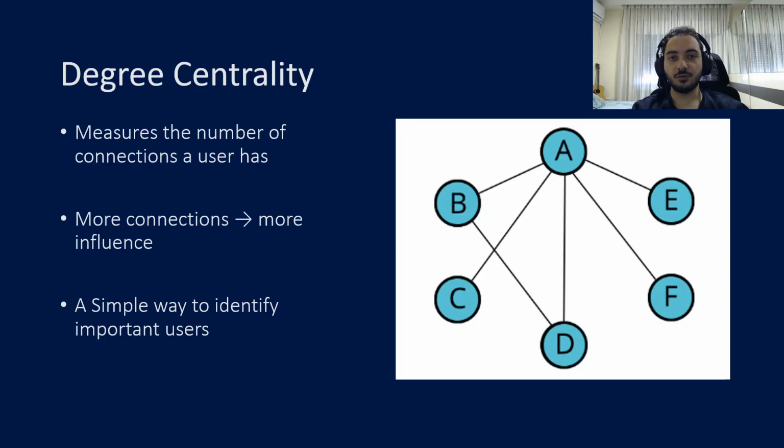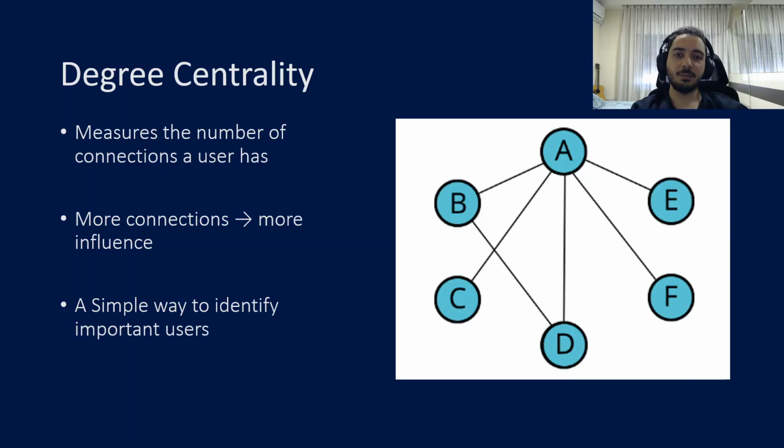One simple method for measuring influence is degree centrality. This method counts how many connections a user has. The more connections a user has, the more influential they are considered.